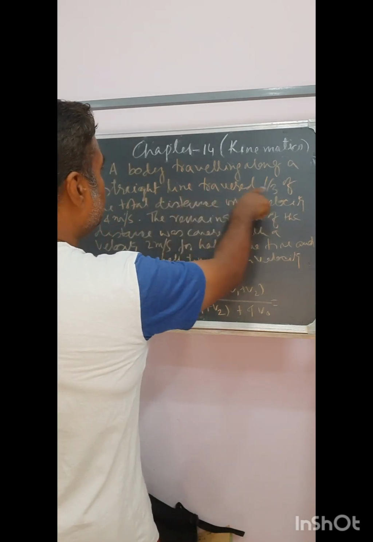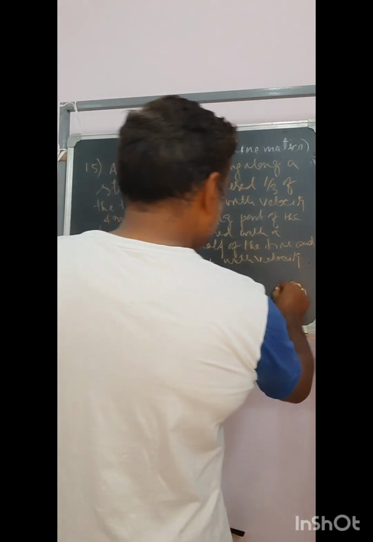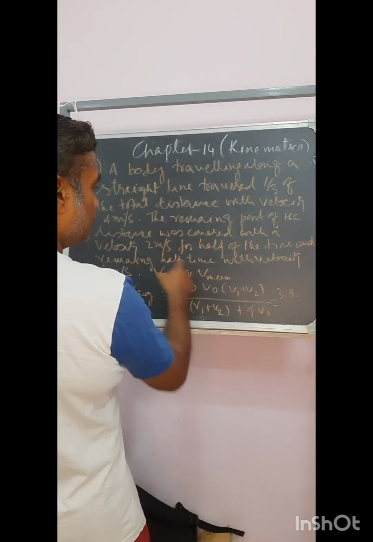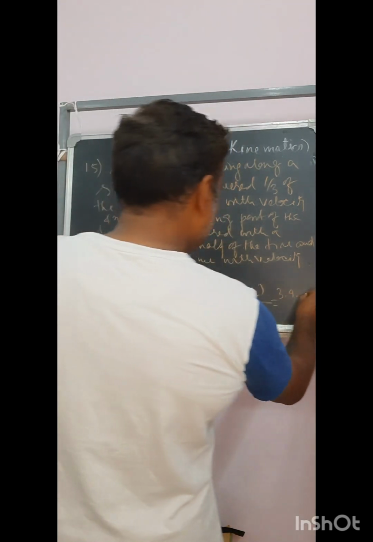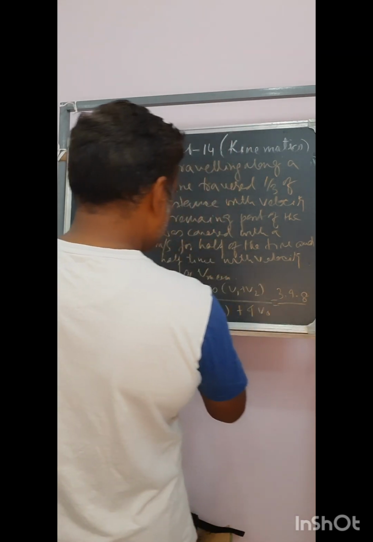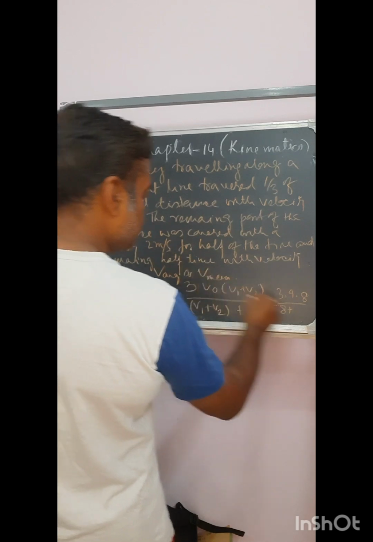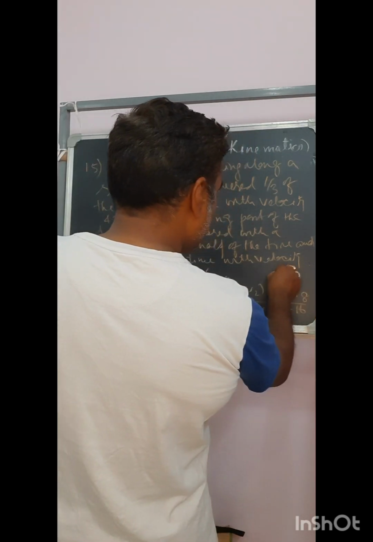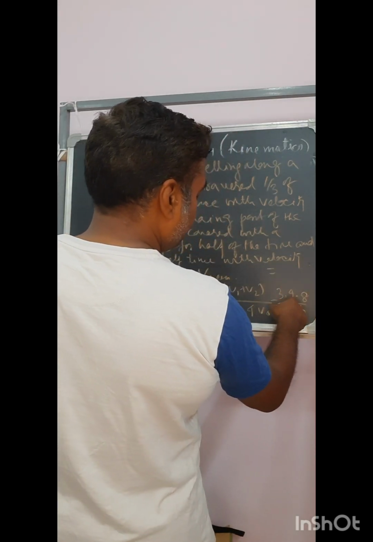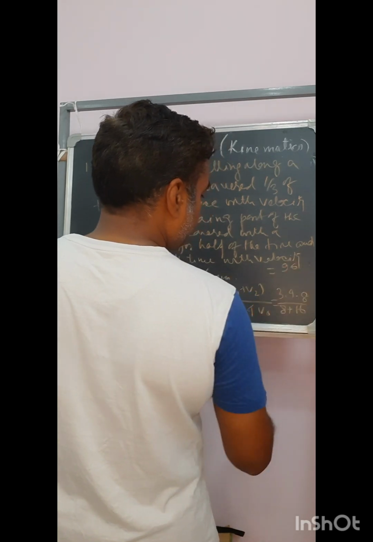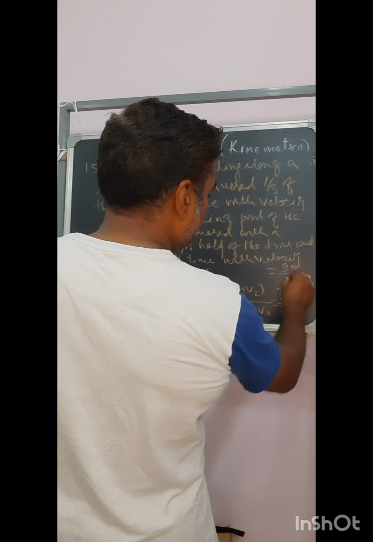So v0 is 4, so 3 into 4, and v1 plus v2 is 2 plus 6, 8, and here it is 8 again, and 4 of the v0 means 16. So now if I calculate it, 3 into 4 into 8 is 96 here, and here it is 24.